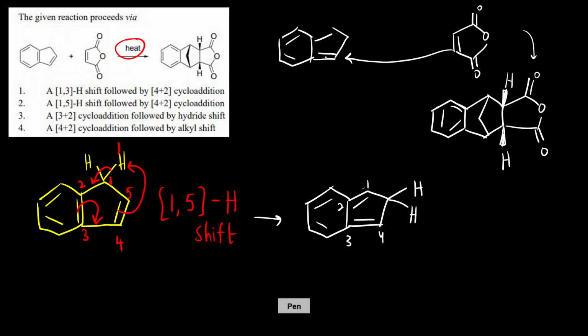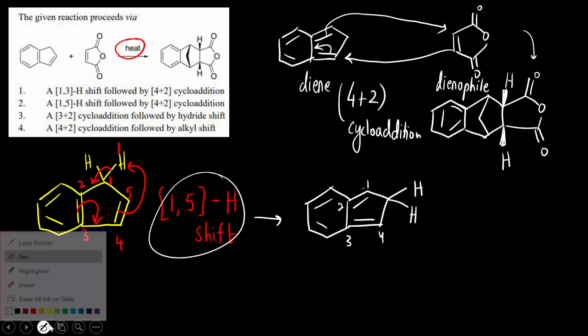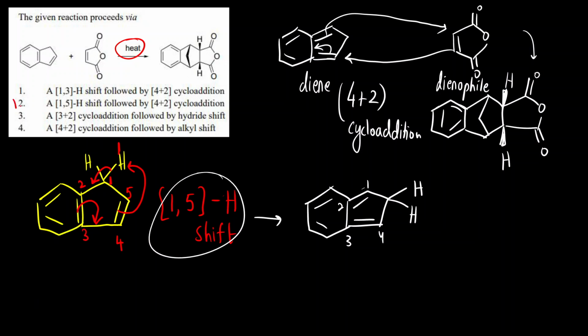This is a diene and this is a dienophile, and this will attack here. So this is a 4 plus 2 cycloaddition, or Diels-Alder reaction. A 1,5 hydrogen shift and cycloaddition. So the correct answer is option 2.